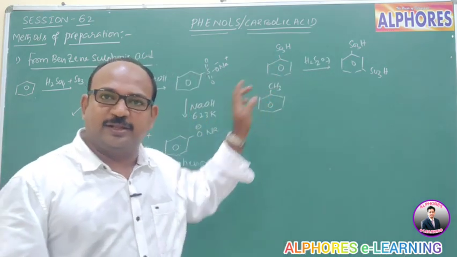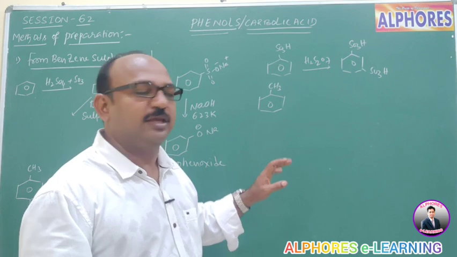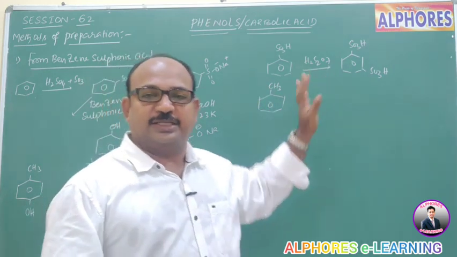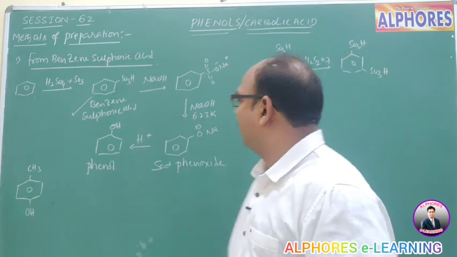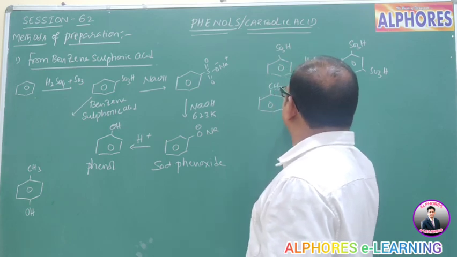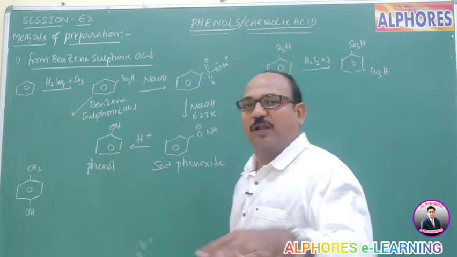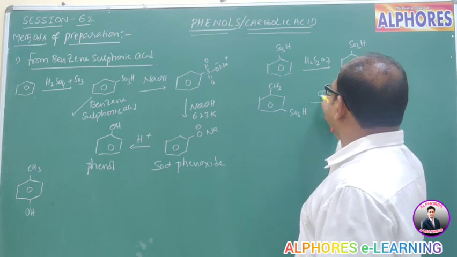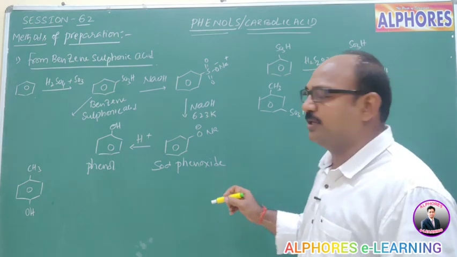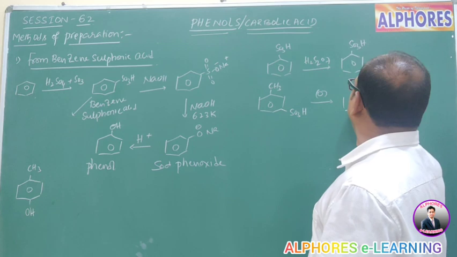Now, if we start with CH3, which means toluene, benzene containing CH3, upon oxidation, let us consider here the SO3H group also. This one upon oxidation, the SO3H does not undergo any oxidation, and the CH3 converts into COOH.